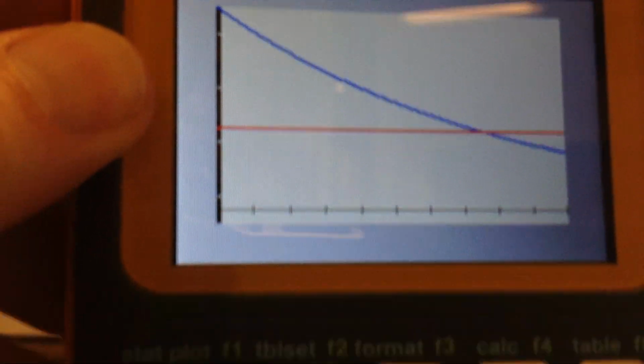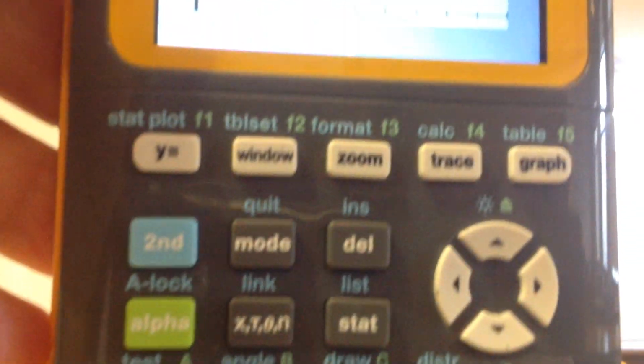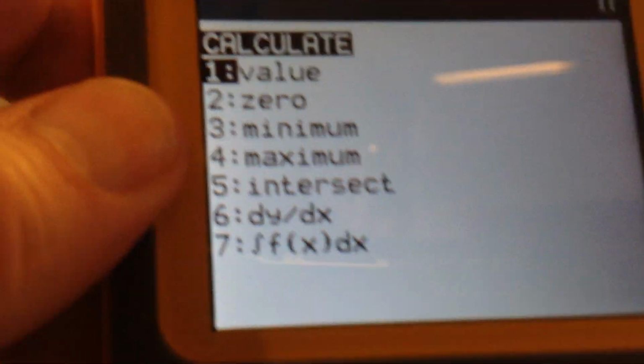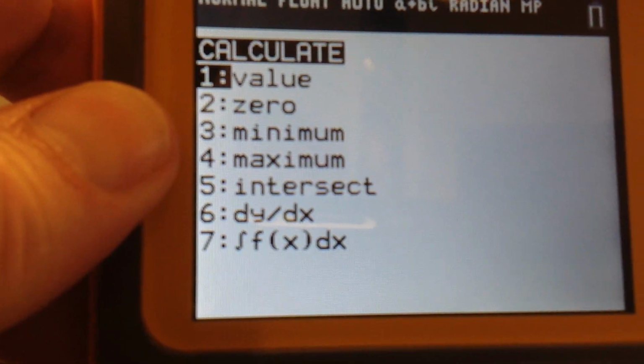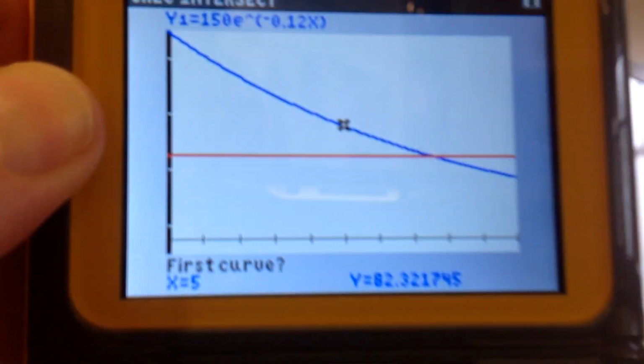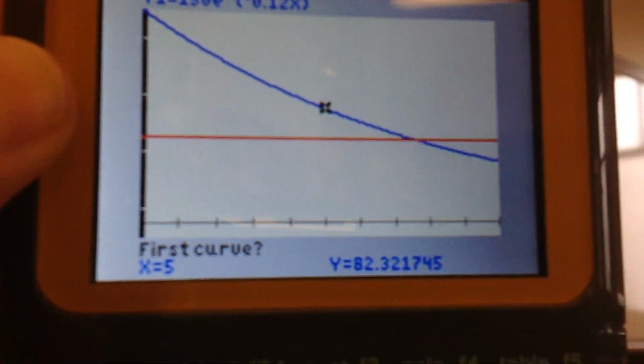Now, to find the intersection, we're going to go back to that calculate menu. Second trace. We talked about choice number 1, value, choice number 2, 0. Choice number 5 is intersect. So we're going to choose number 5. It's going to say first curve and second curve.